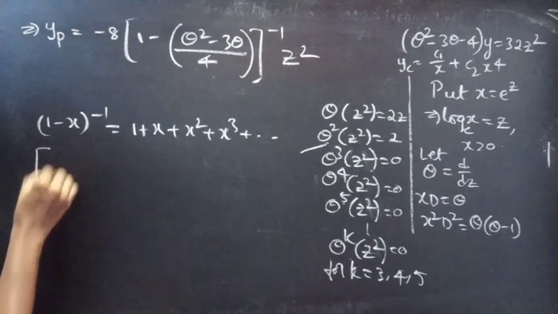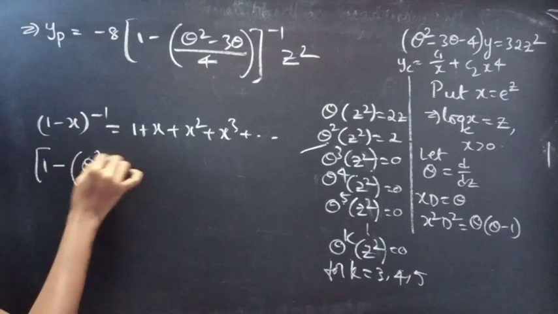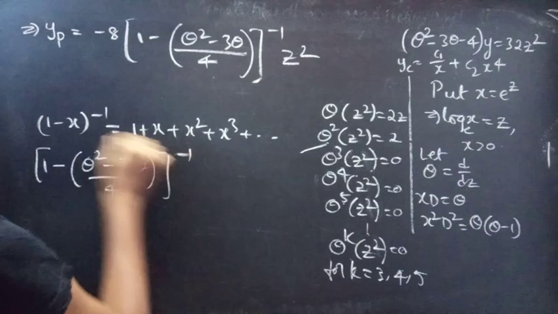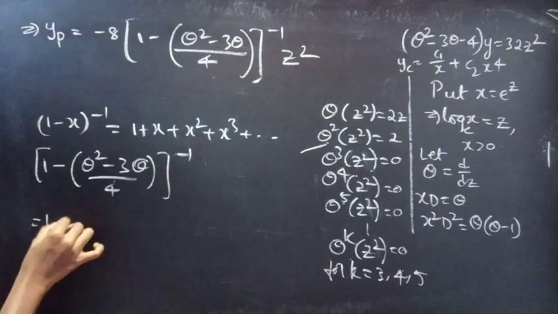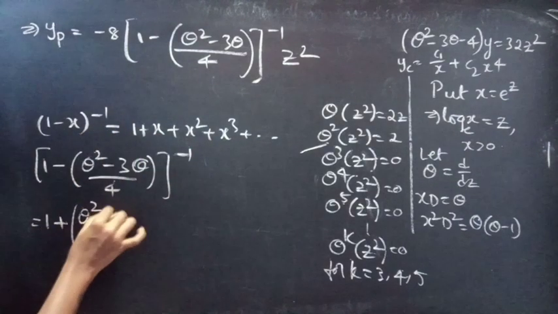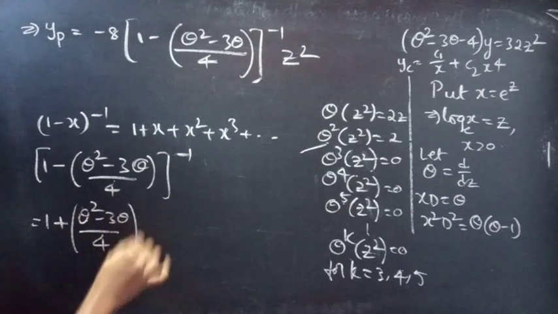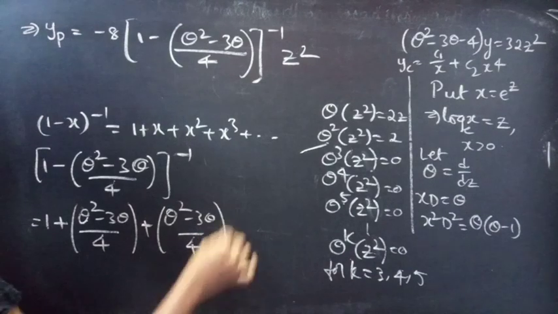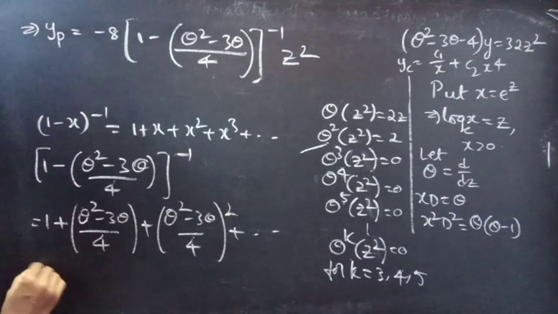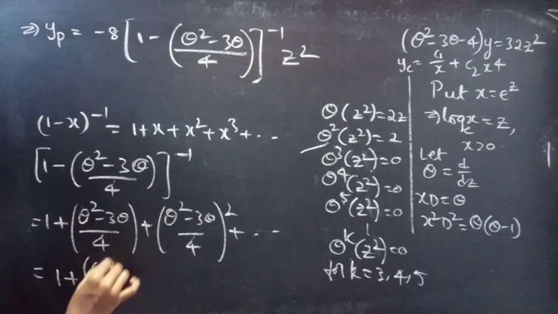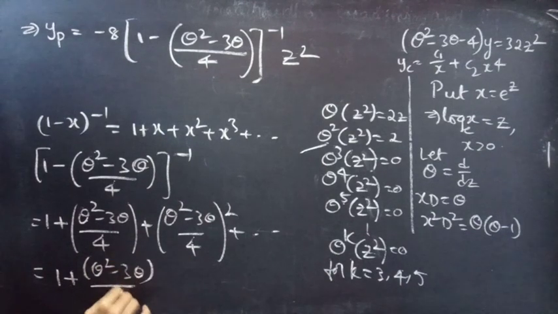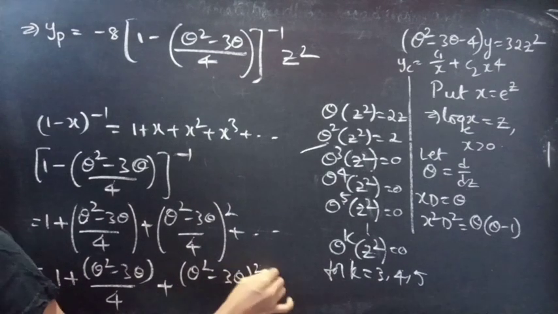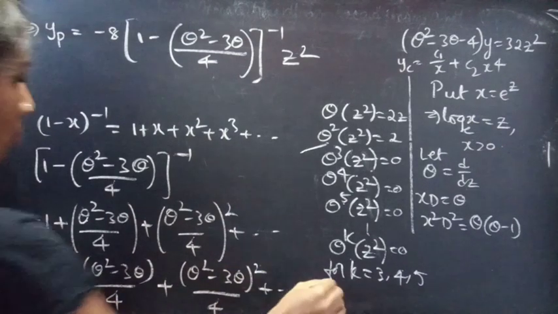Let's now expand 1 minus of theta square minus 3 theta by 4 whole inverse. Using this formula, we'll get 1 plus theta square minus 3 theta by 4 plus theta square minus 3 theta by 4 whole square plus so on, which is equal to 1 plus theta square minus 3 theta by 4 plus theta square minus 3 theta whole square by 4 plus so on.